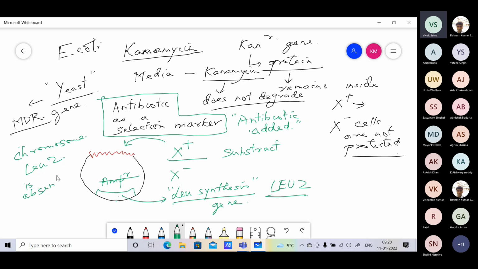Now what will this do? If LEU2 is absent in the chromosome and LEU2 is only present on the plasmid, then in the absence of the plasmid being inside the cell, the cell would die. No, it would not die. Cell would die only when leucine is not available.